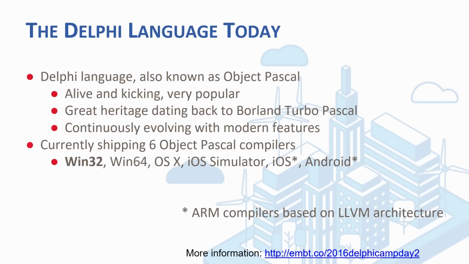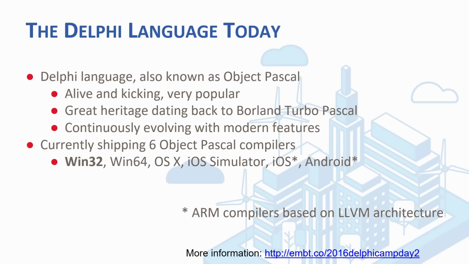But the language keeps changing and keeps getting more modern features and becoming available on more operating systems and platforms. It is a very popular language among the 12, 15 most common languages for many, many years now, and still there. Currently, Delphi and RAD Studio ship with from 1 to 6 Object Pascal compilers, depending on the version.